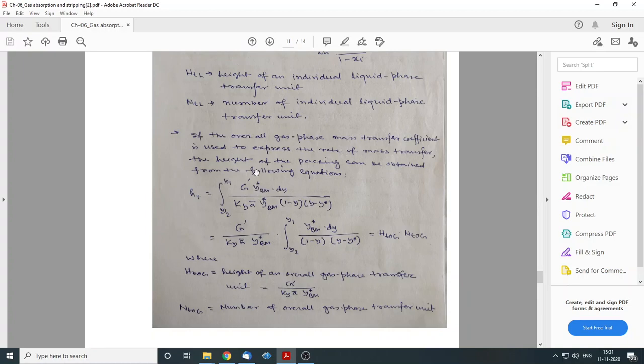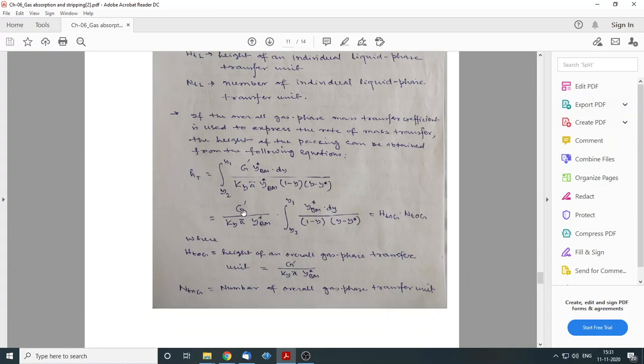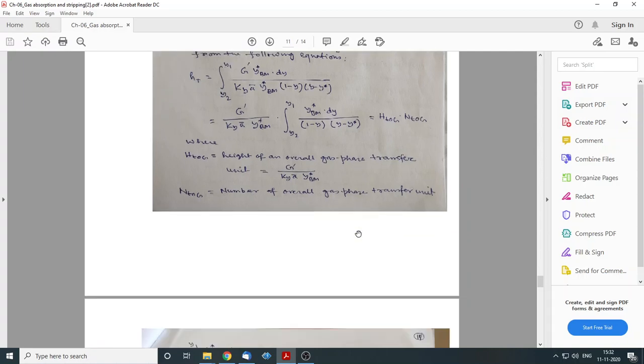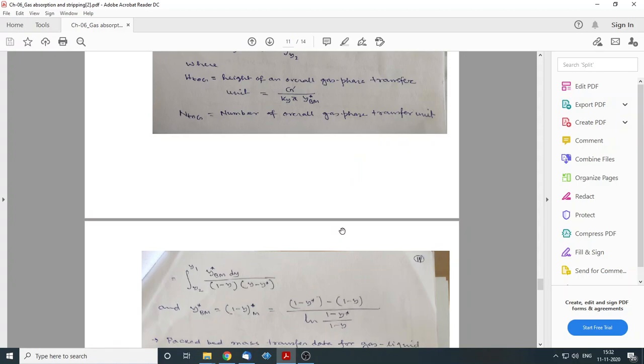Now it is y star minus y, so that's why y star m. Accordingly this will be the expression, and this term is called HTOG, the height of an overall gas phase transfer unit, and this is NTOG, the number of overall gas phase transfer units. So HTG, HTL, HTOG, whichever you are writing, it will come accordingly.